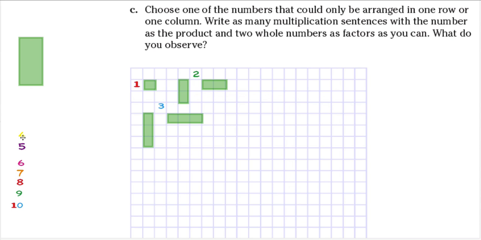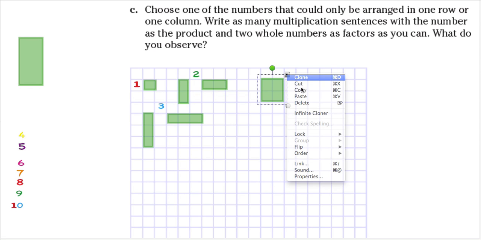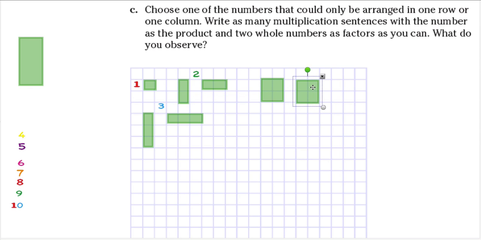For 4, let's see how many possible combinations there are. You have 4 squares right there, so that's one possible combination. Another possible combination would be 1 by 4, something like this. There you go.